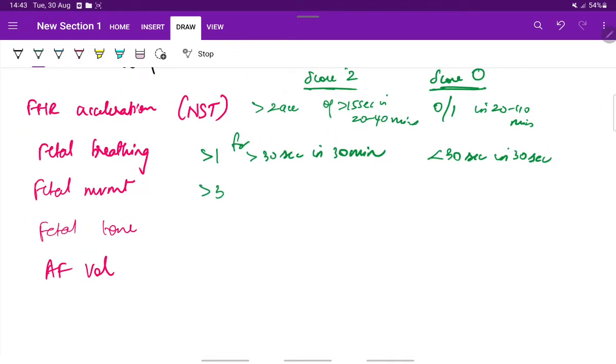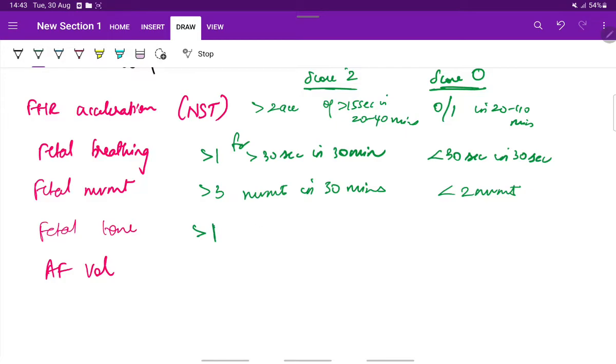More than 3 discrete body or limb movements in 30 minutes is given score 2, and less than 2 movements is given score 0. Fetal tone. More than one episode of extension of fetal extremity with return to flexion or opening or closing of hand.